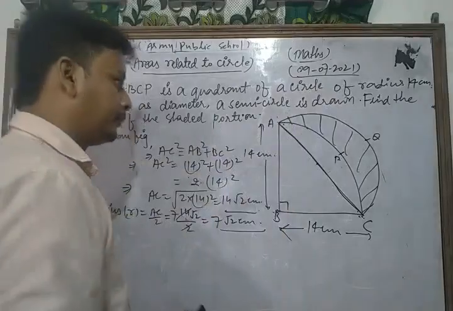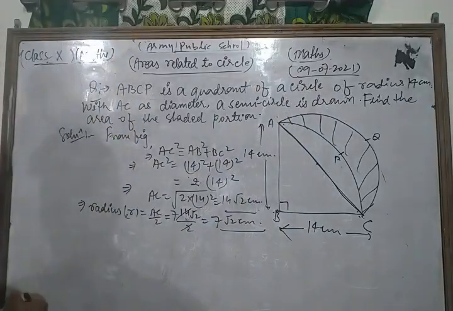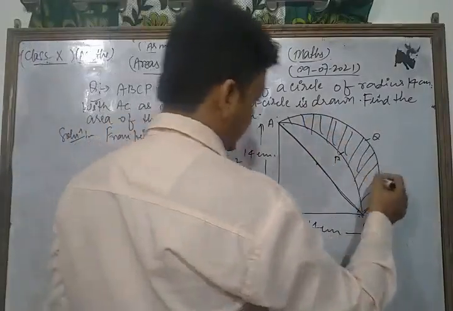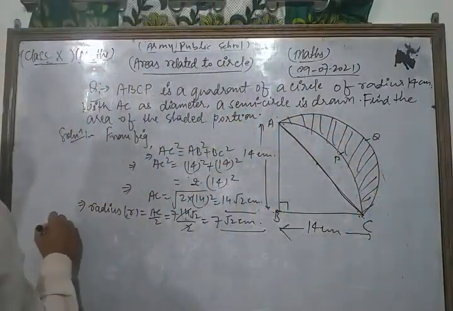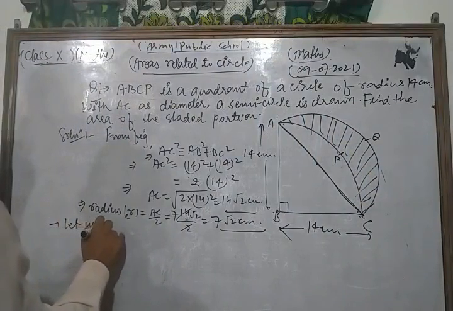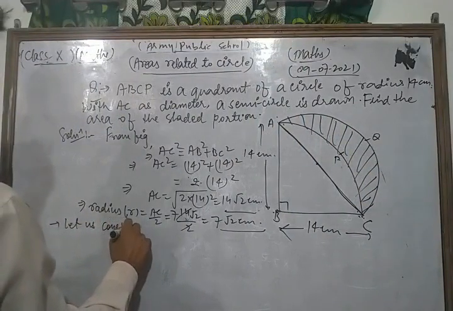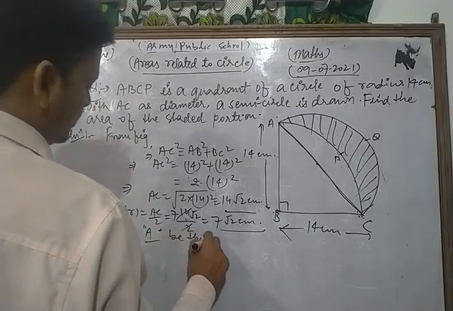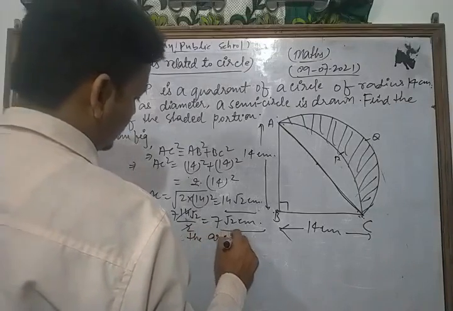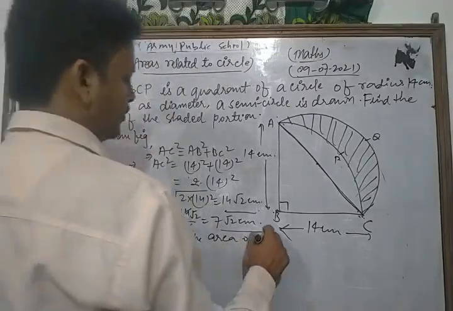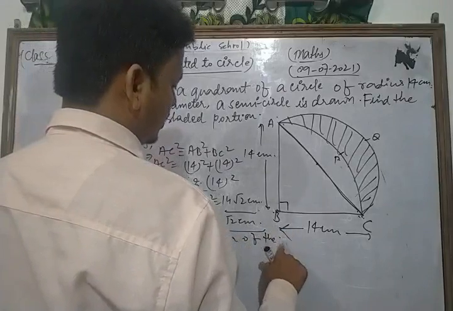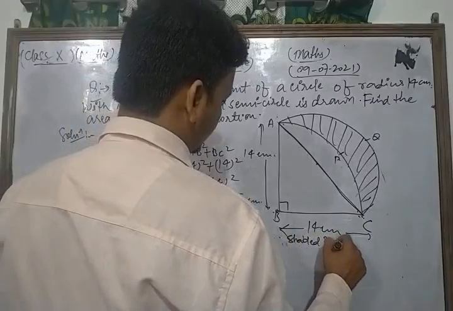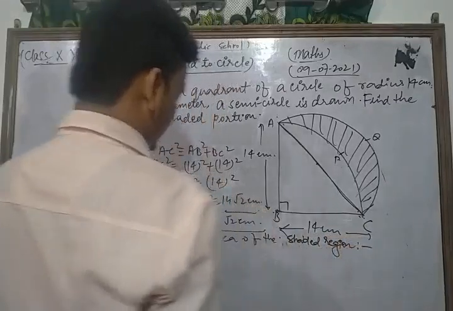Now look, let A be the area of the shaded portion. We find the area of the shaded region. So let capital A be the area of the shaded region.